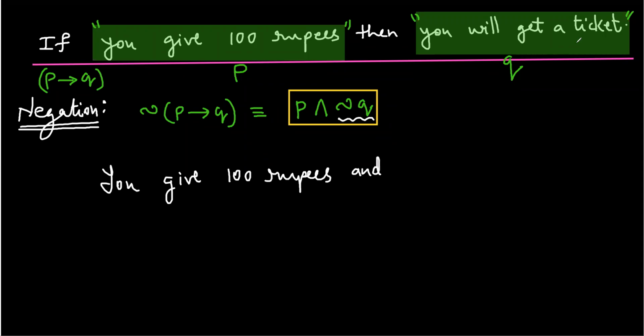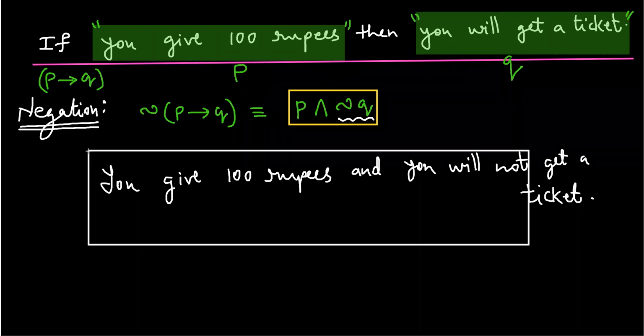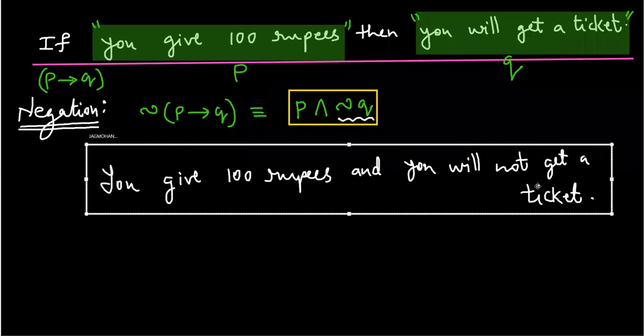You will get a ticket, and you will not get a ticket. This is the negation. How interesting. This is the negation of the above statement.